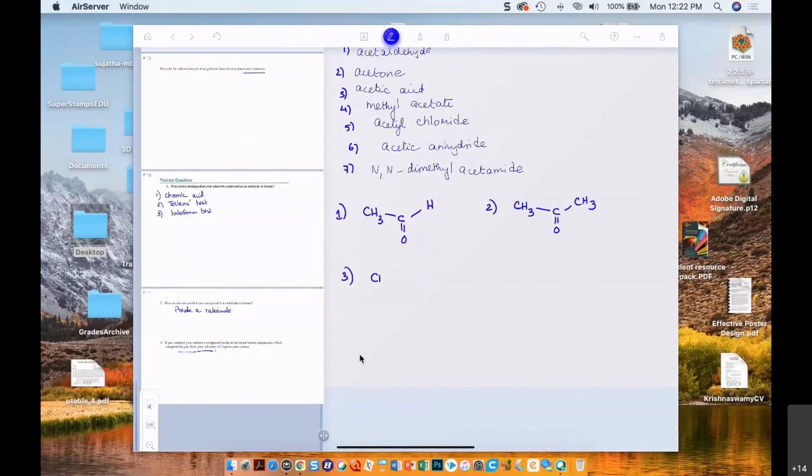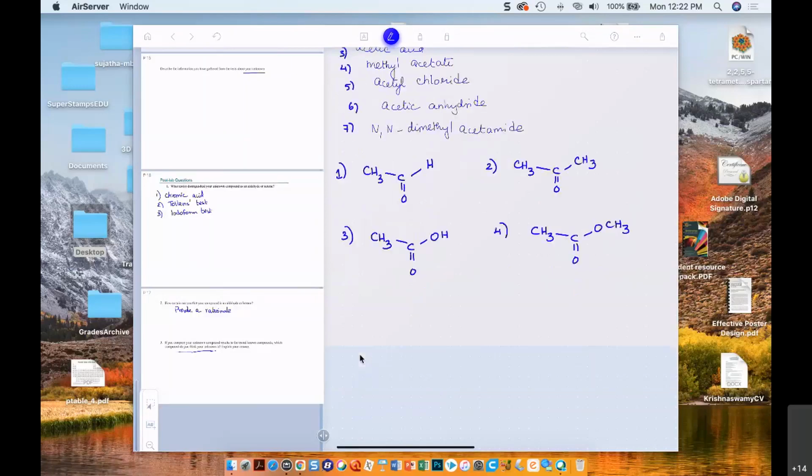Then we have acetic acid. These are all common names. We have methyl acetate. So you do need the structures first. Then we have acetyl chloride. Any questions?